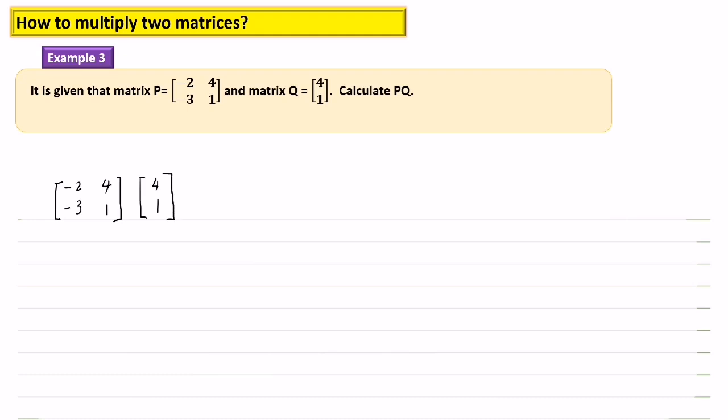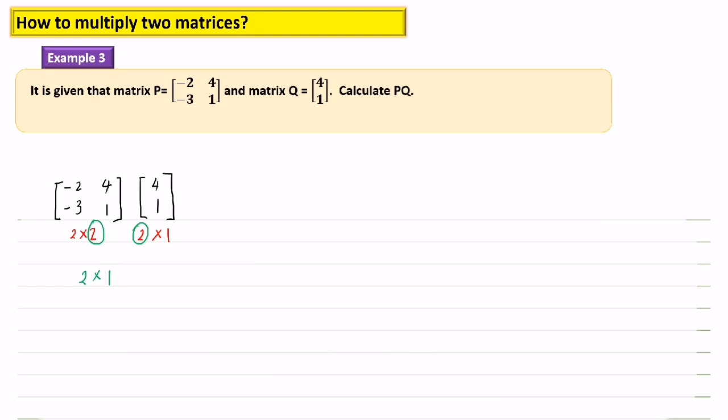So we check whether these two matrices can multiply or not. The first matrix is a 2 by 2 matrix. The second matrix is a 2 by 1 matrix. Okay, so the numbers in the middle are the same. Then the order for your answer is a 2 by 1 matrix.